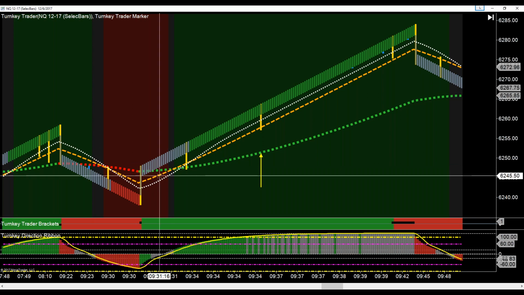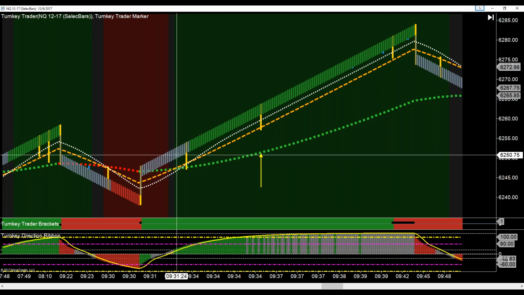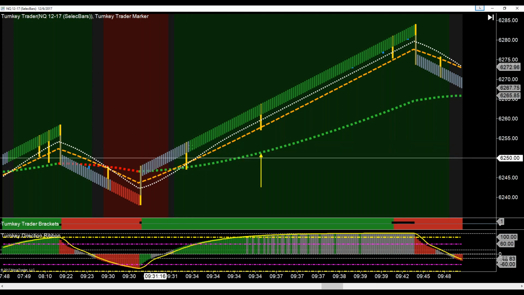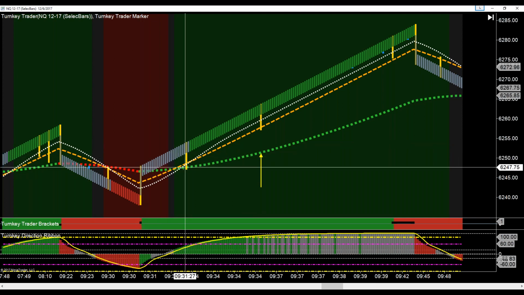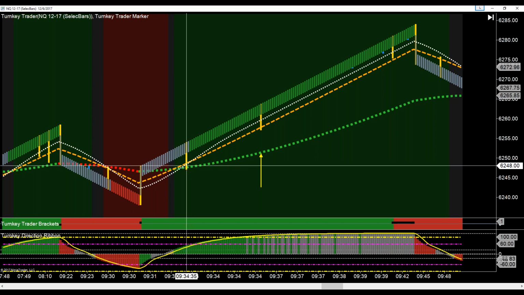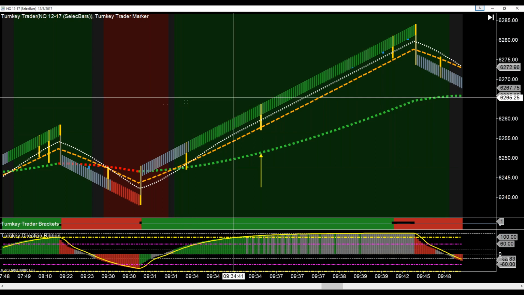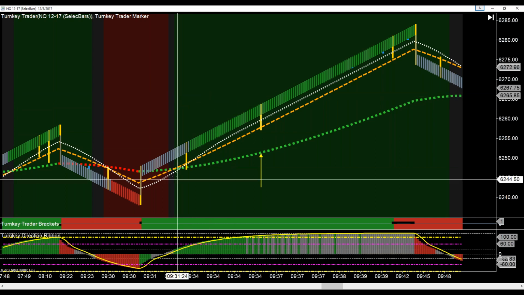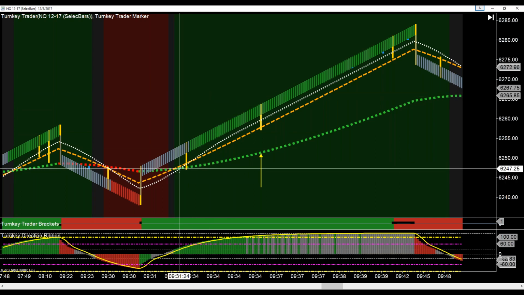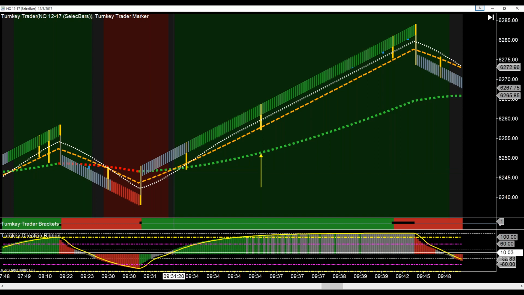So if those are out of order, we'll get the gray bars here. We'll never have a qualified trade on the gray bar. We may have the gold tail or wick, whatever you refer to it as, but if the body of the bar is gray, we shouldn't be able to have a qualified trade, as we normally need to see the background green, and that's also tied into the order of these as well as the direction ribbon being on the correct side.